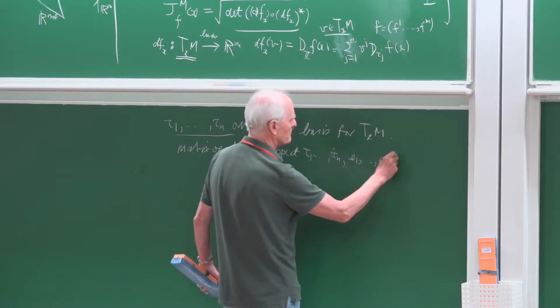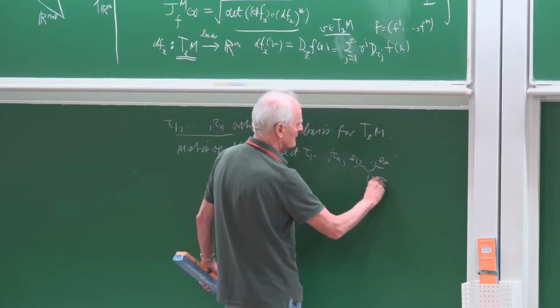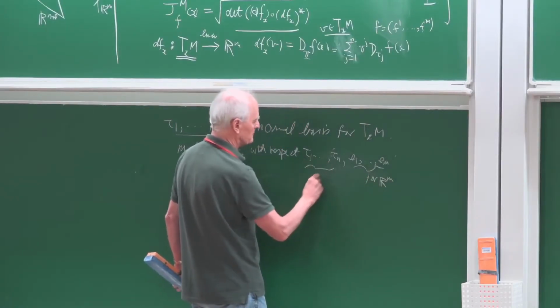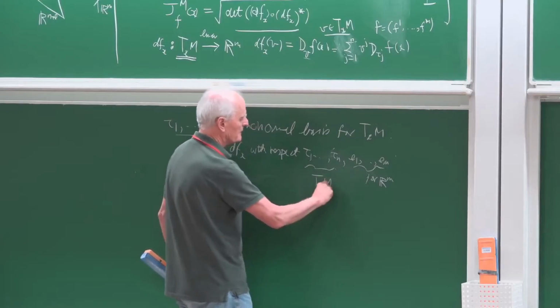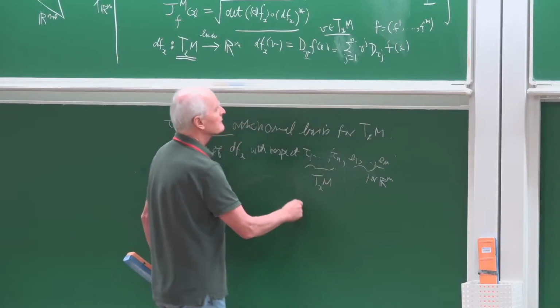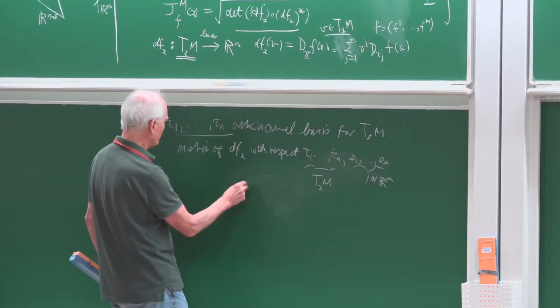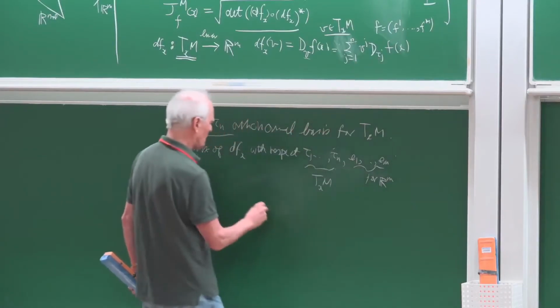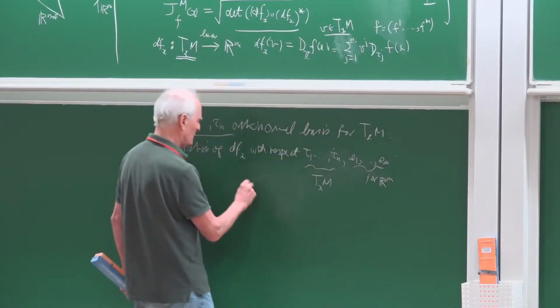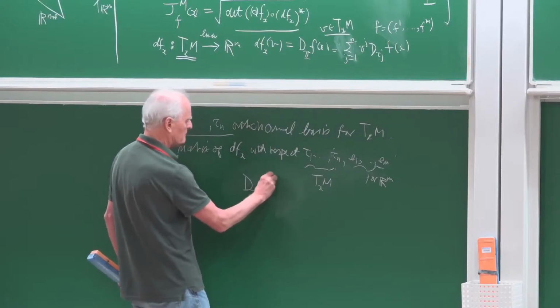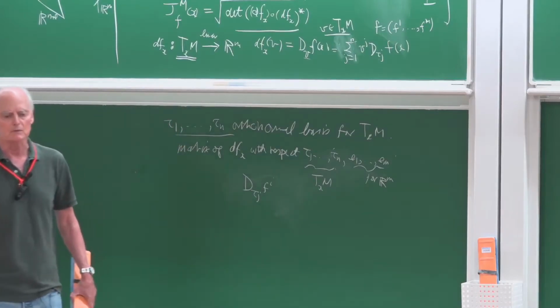That matrix is simply this guy, d τj Fi. That's exactly what it is.